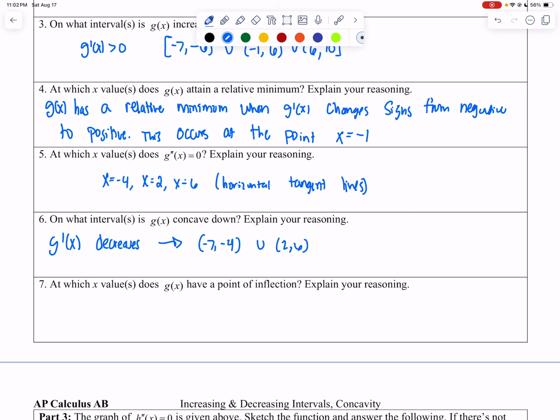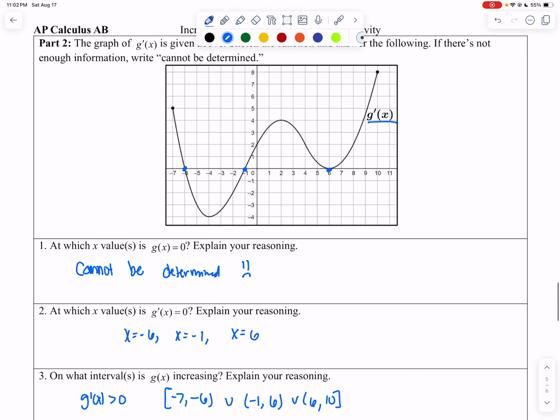Seven says, at which x value does g of x have a point of inflection? So remember, a point of inflection means that our derivative changes from decreasing to increasing and vice versa. So that happens at -4, 2, and 6.